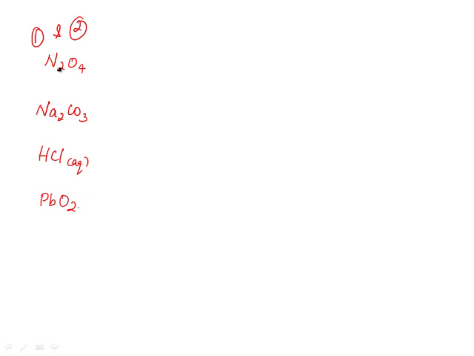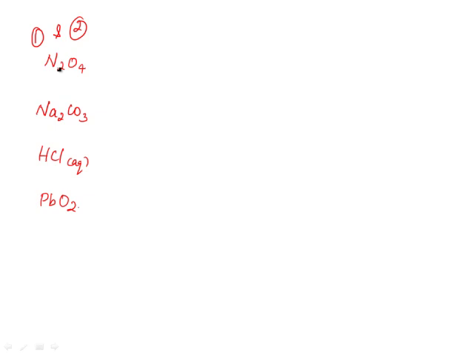non-metals. Now, when we write the names of molecular compounds, remember we have to use the Greek prefixes to specify the number of atoms of each element. We don't have any other rules. All you need to do is remember the Greek prefixes, 1 through 10: mono, di, tri, tetra, penta, hexa for 6, hepta for 7, octa for 8, nona for 9, and deca for 10.